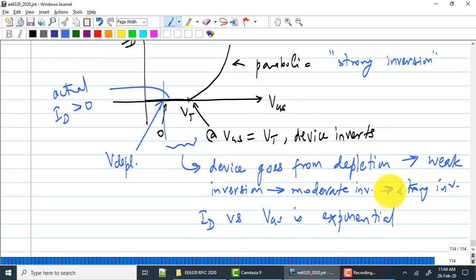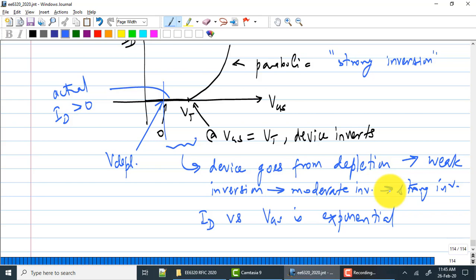If you go back 40 years ago, the range of usable voltages over which the device went from depletion to strong inversion was much smaller as a fraction of the overall voltage that you can apply.